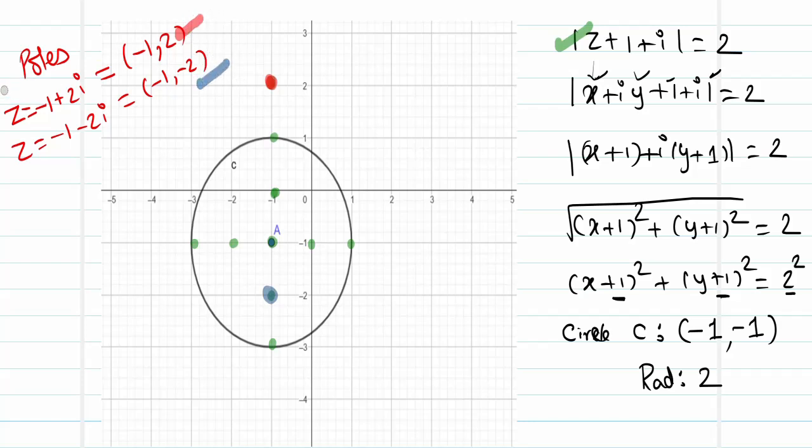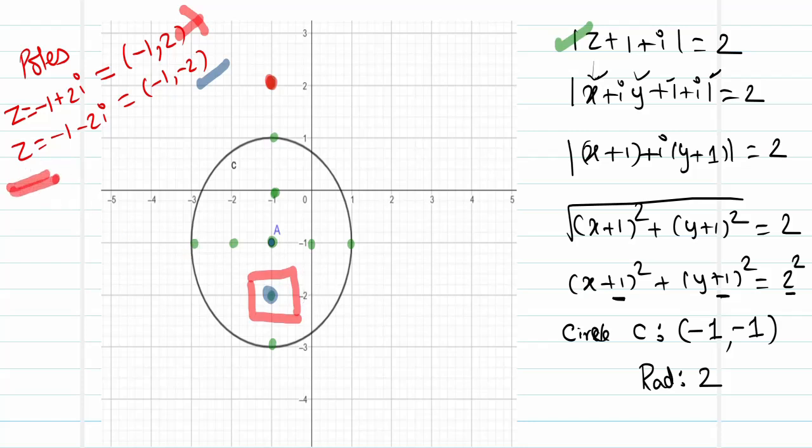So of this, one of the poles is going to lie outside and one of the poles is going to lie inside. So our residue will be estimated only for the pole that is going to lie inside. So which is the point that lies inside? -1 and it is going to be -2.